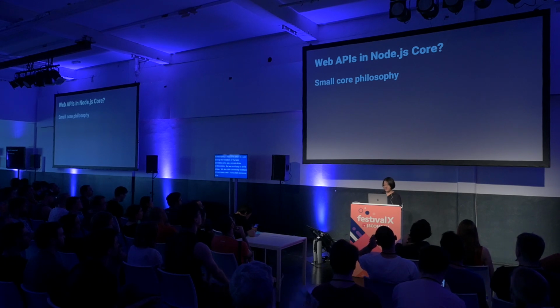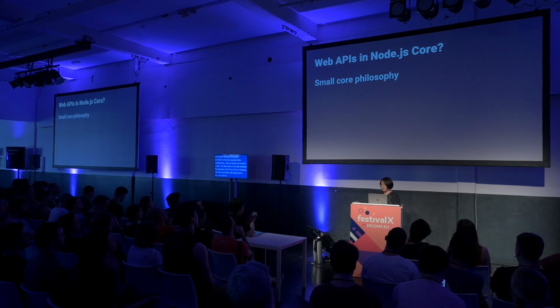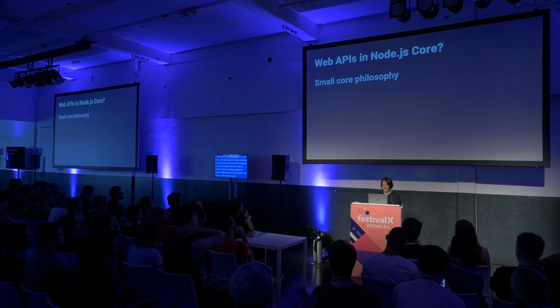So here are the common arguments against adding web APIs into Node core. There is still, to some extent, a small core philosophy within Node core. It's about providing only the basic functionalities in core and empowering users to implement user-land modules instead of building our own opinionated APIs that may become a compatibility or maintenance burden.